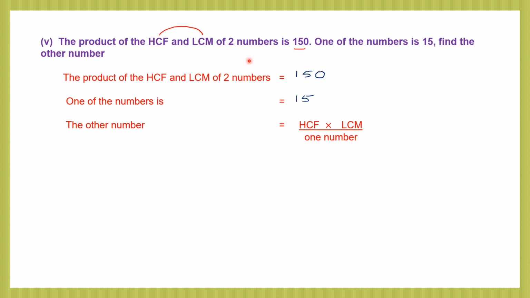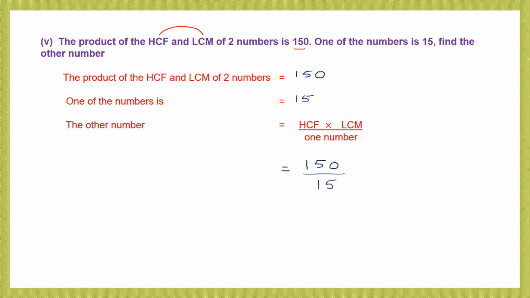Okay, so HCF into LCM is given to us, the product is given to us as 150. So let us substitute. We're going to substitute all these values here. So 150 divided by one number. What is that one number? It's also given to us, 15. Now if you divide these two, you will find the other number.